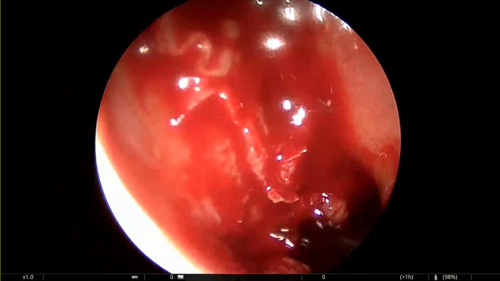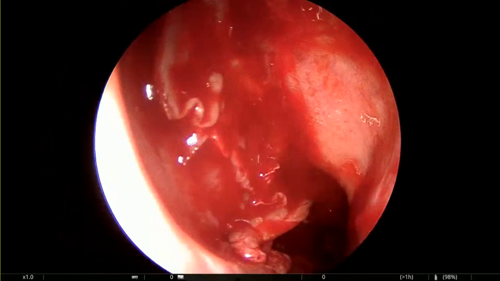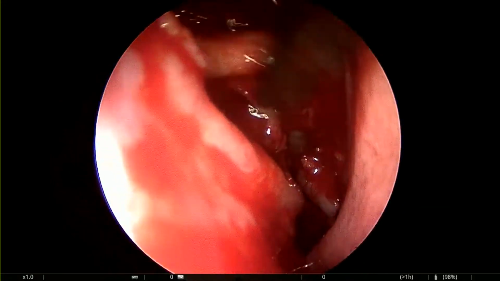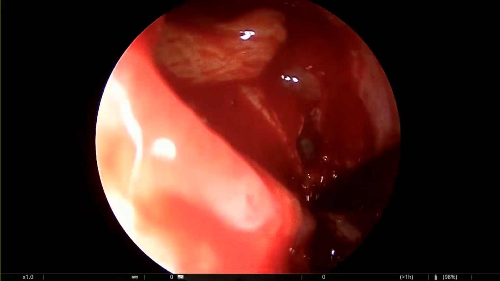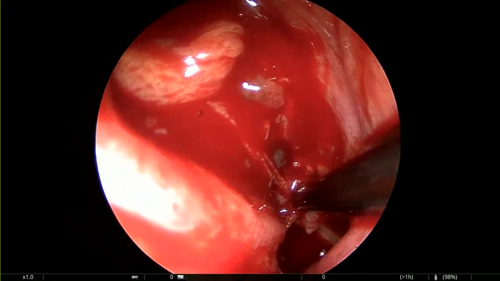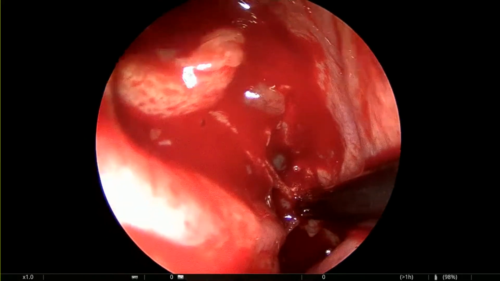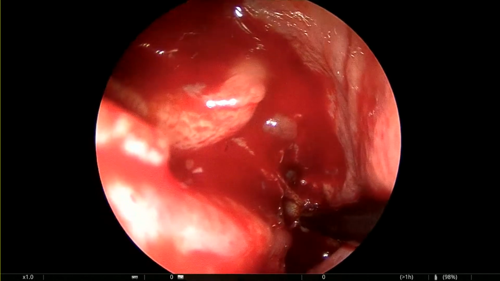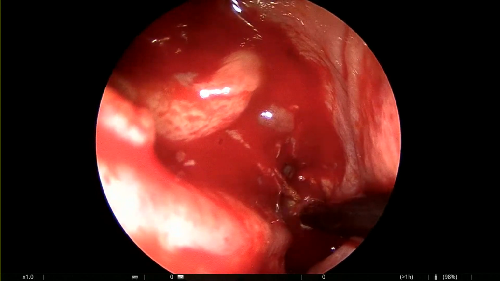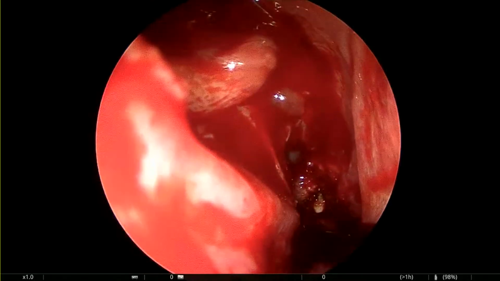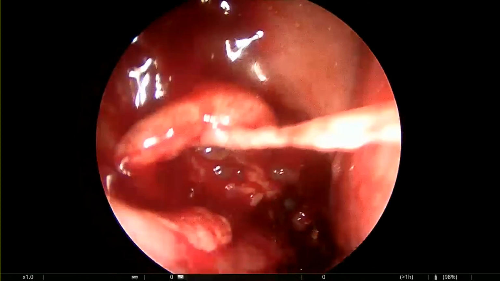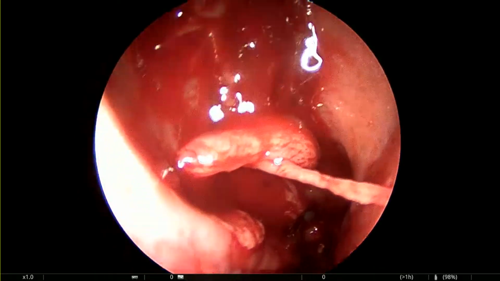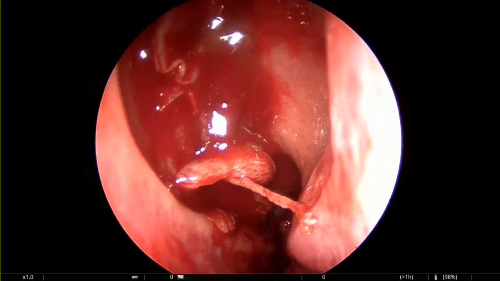Now it's possible to reach the surface here. Here you have the tail of the middle turbinate. So I do the coagulation. Now, 45-degree fenestrated forceps.